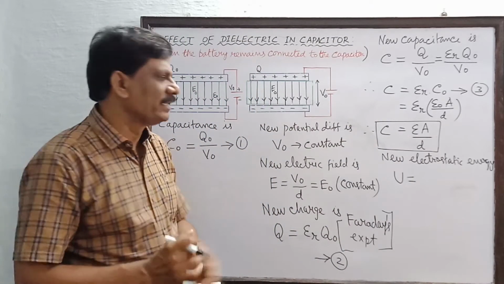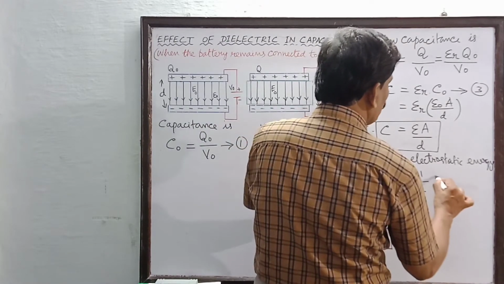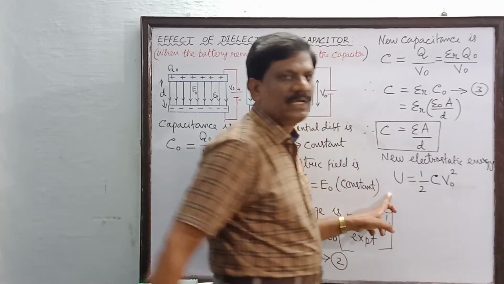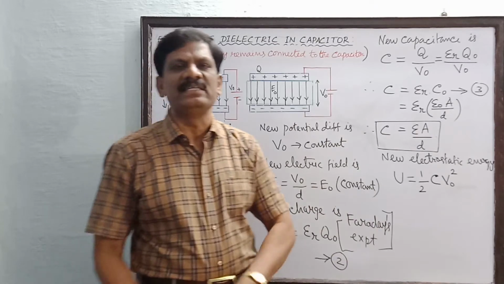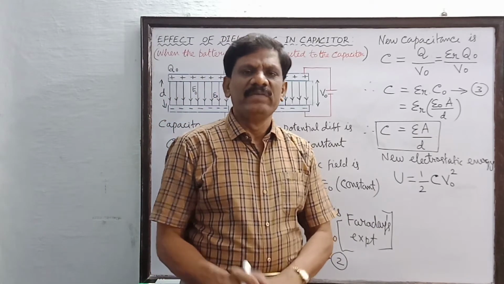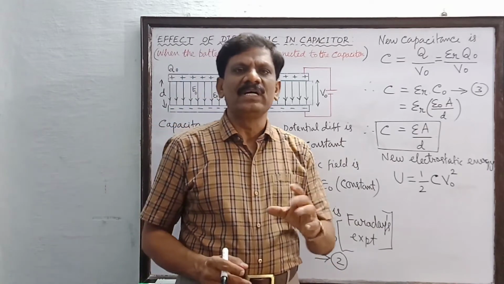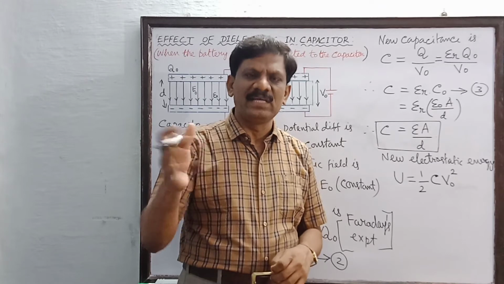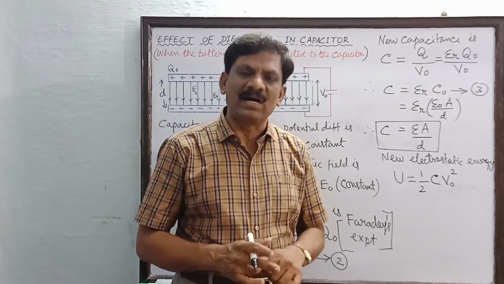Like that, now the new electrostatic energy is equal to half into C into V naught square. Here we are not using the expression half Q square by C. Why are we not using U equal to half Q square by C? Because Q also is a variable, C also is a variable. If both are variables, then the energy will become constant.